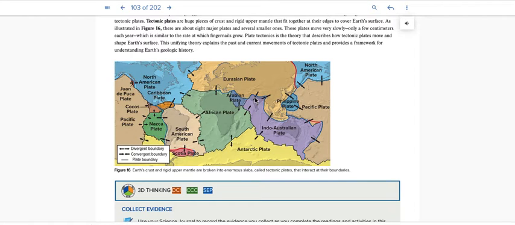And then another type of boundary that we're going to talk about that isn't shown here is a transform boundary. And a transform boundary is like what we have here in California. That's two plates that are just grinding next to each other as one goes in one direction, one goes in the other direction.